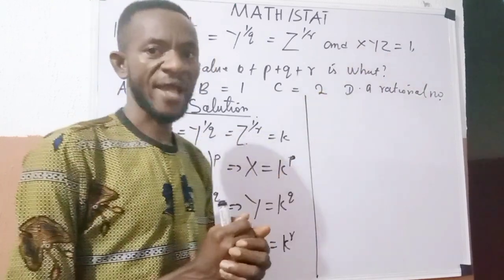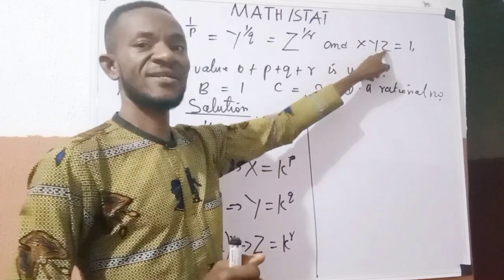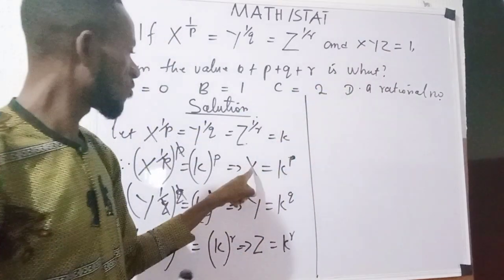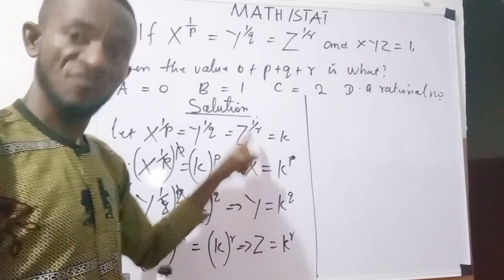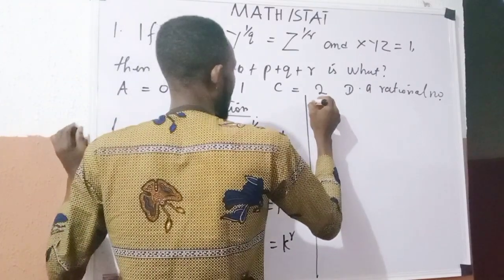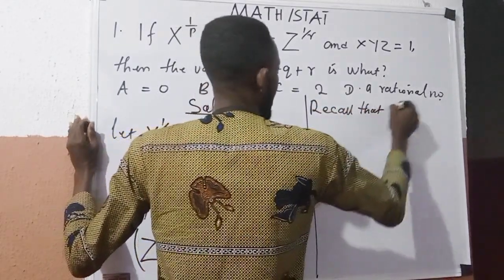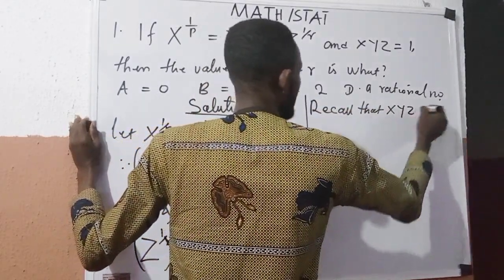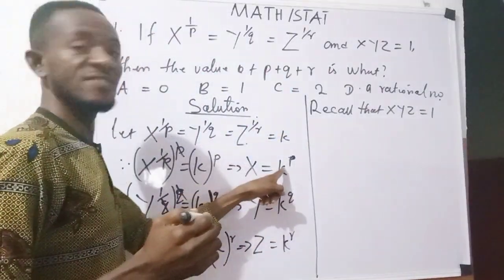At this point in time, we recall that they gave us an additional information that xyz is given as 1. In fact, it is because of this xyz that we had to make effort to find the true values of this x, y, z, to make them stand all alone. So I will now say, recall that xyz equals 1. But our x is this.